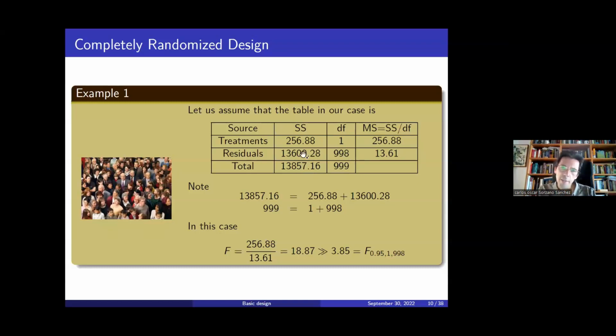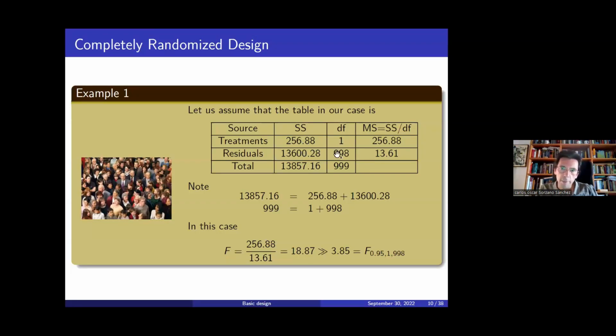So this number may seem impressive, especially when compared to the variability explained by the treatments. But all this variability has been explained by almost 1,000 parameters, while this variability has been explained by only one parameter. So the right comparison is not at the level of variability, but variability per parameter.